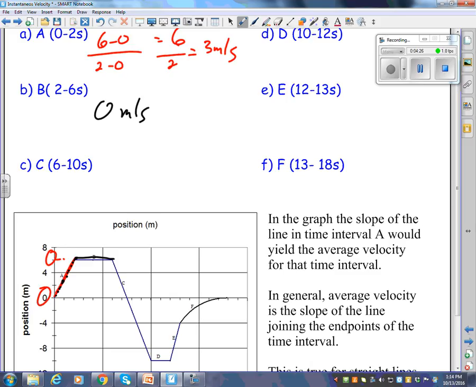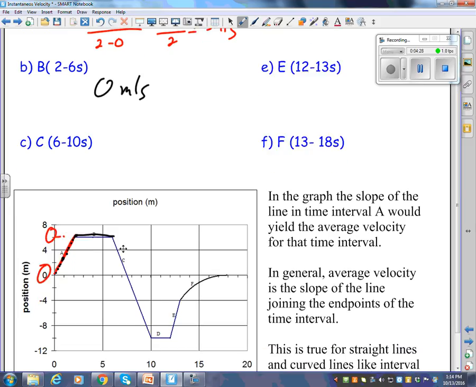What about C, from 6 to 10? Well, that's this interval here. So that's going to be minus 10, subtract 6, giving us a displacement of minus 16. You can count if you want, minus 16.